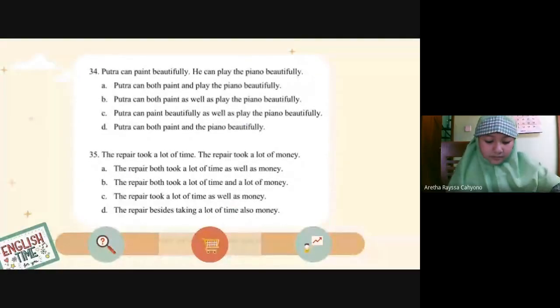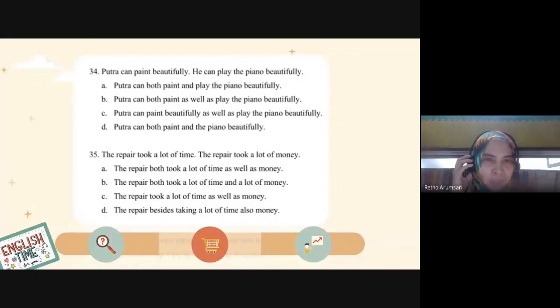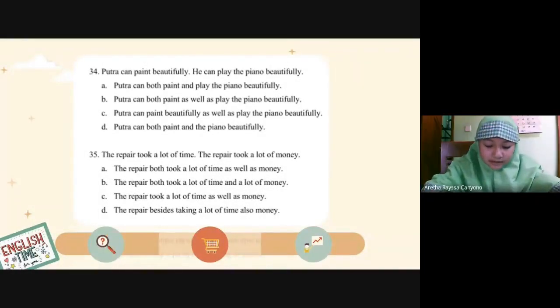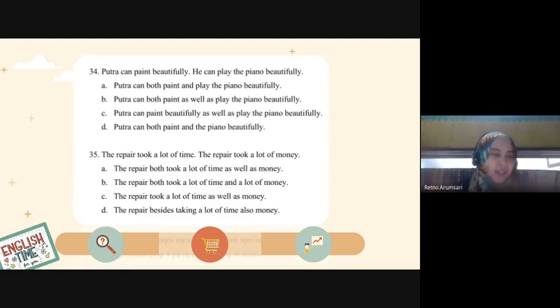Putra can both sing and play the piano beautifully. Why is it not working?